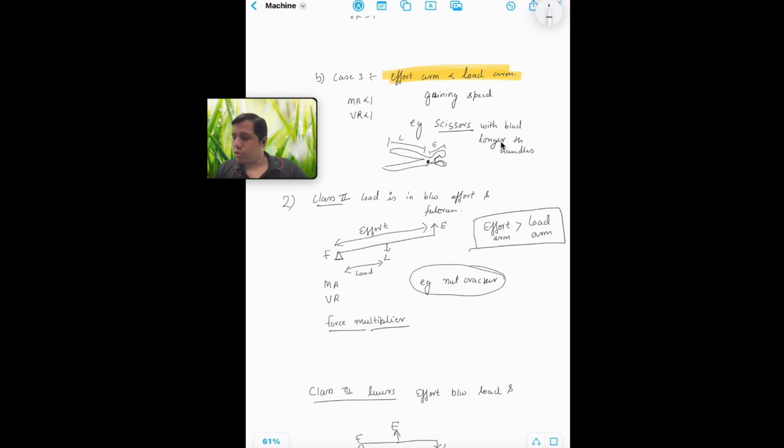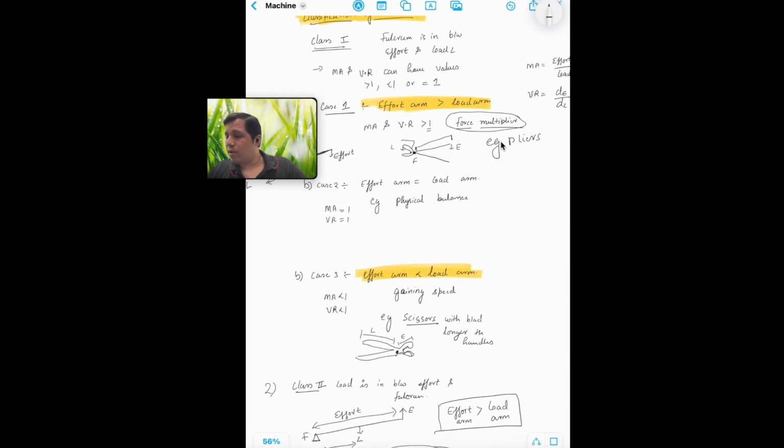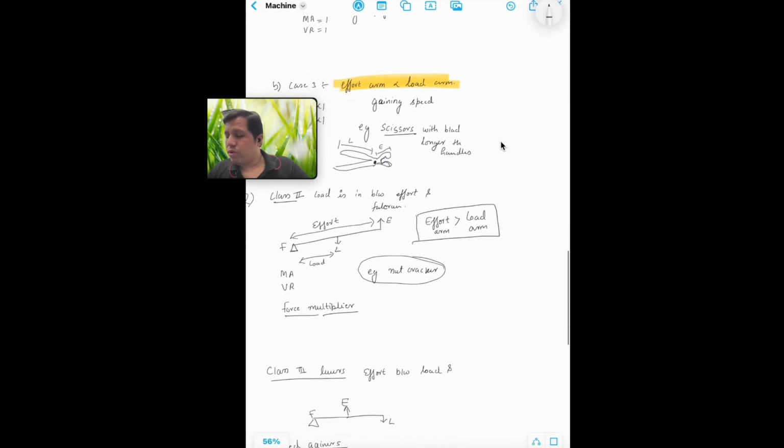Such type of example is a nutcracker. So you should know the difference between the cases. Case one is when you have fulcrum in between. In class two, you have load in between fulcrum and effort. These are totally different cases, but they are used as a force multiplier in both cases. So if I say that you need to work on lever as a force multiplier, there are two ways we can do it.